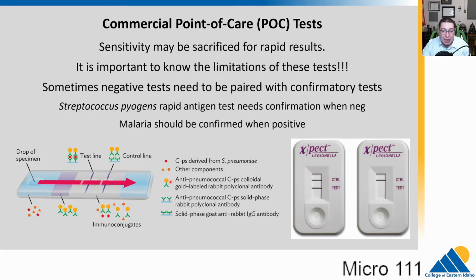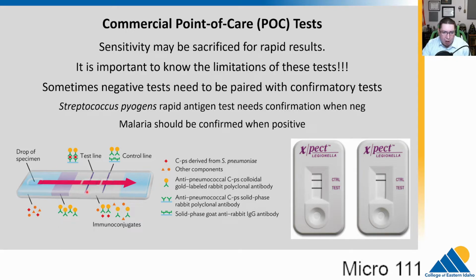This is anti-pneumococcal, so anti-S. pneumoniae, labeled rabbit polyclonal antibody. So it has a little gold molecule on it, and it's a rabbit antibody against this bacteria that is floating around here. And if the antigen is there, it will bind to it.